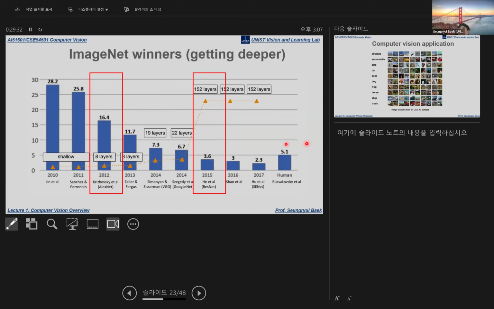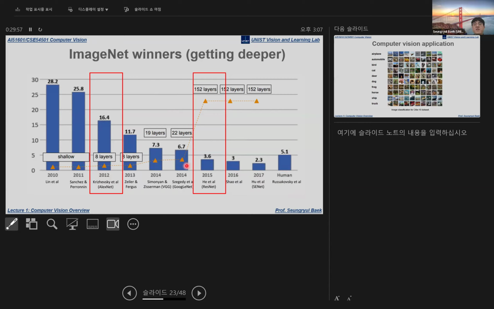Even for humans, given this ImageNet data set, because there are too many image samples, and for some of the samples it is even hard for humans to discriminate their object classes, 5% of samples are wrongly predicted by humans on average.